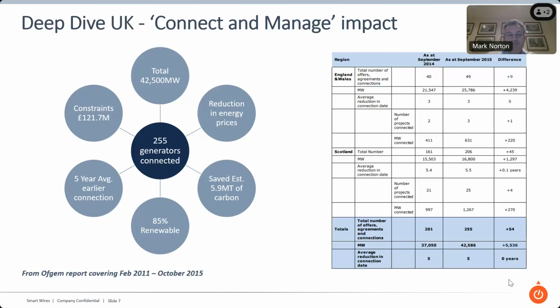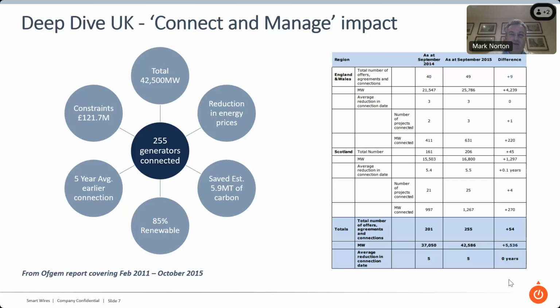Since then, as we have seen more generators connecting under the Connect and Manage, and the infrastructure that's proposed to be developed, as I said, has been delayed, constraints have risen, and quite sharply as well. I think the last figure was around 1.5 billion pounds in constraints in 2022.